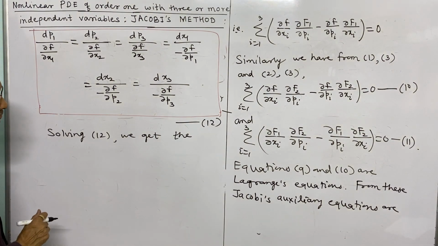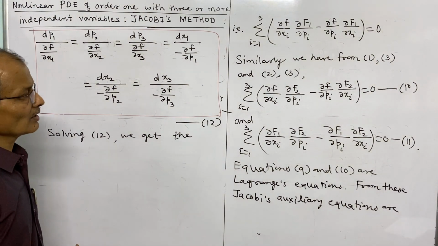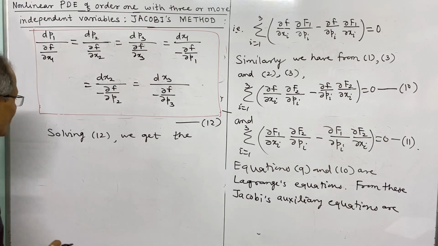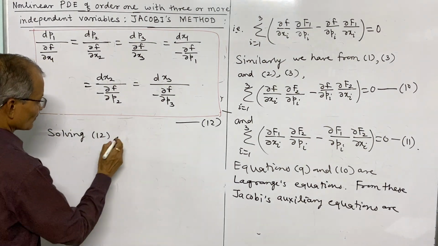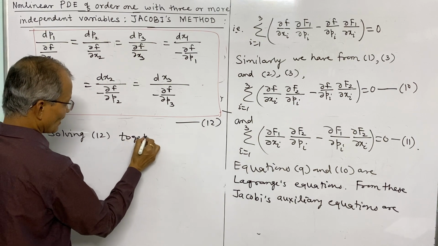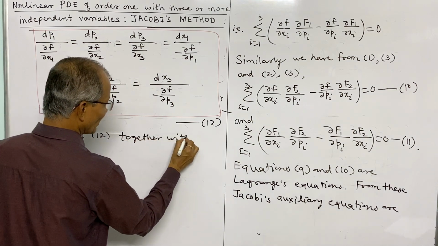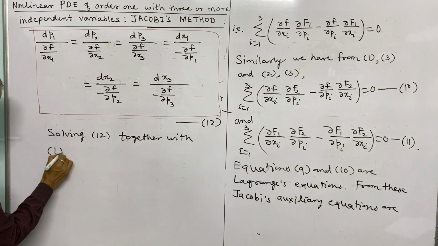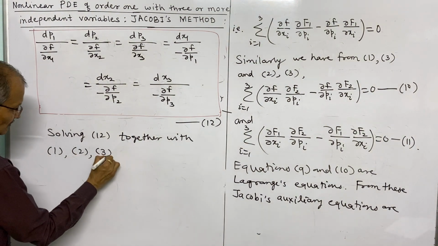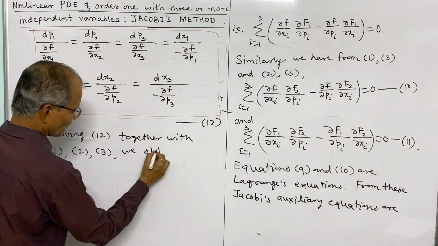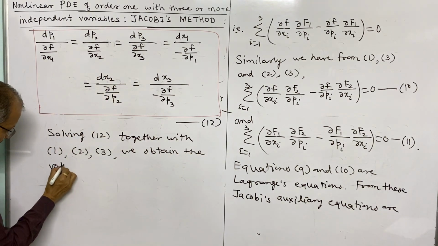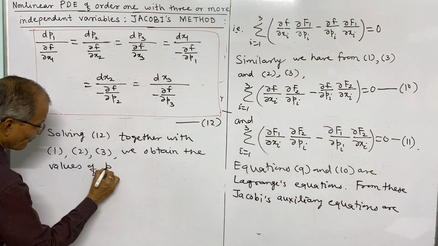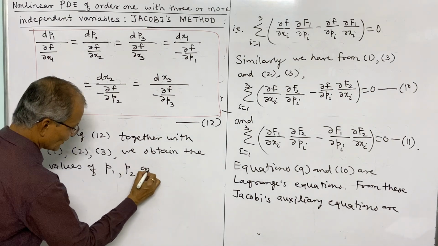Solving 12 together with 1, 2, 3, we obtain the values of P1, P2 and P3.